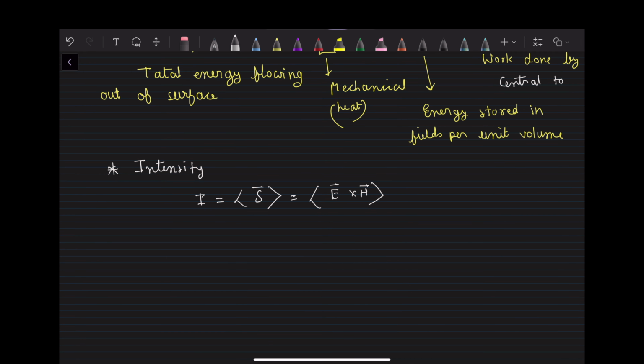Then omega is the angular frequency, k is the wave vector, and they are related by the dispersion relation. We are not discussing dispersion yet, but yeah, we'll come back here.